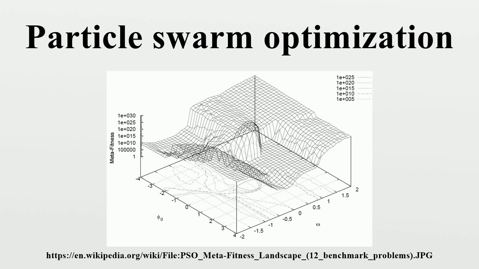Let S be the number of particles in the swarm, each having a position x_i in the search space and a velocity v_i. Let p_i be the best-known position of particle i and let g be the best-known position of the entire swarm. A basic PSO algorithm is then: for each particle i = 1, ..., S do: initialize the particle's position with a uniformly distributed random vector, x_i ~ U(b_lo, b_up), where b_lo and b_up are the lower and upper boundaries of the search space.